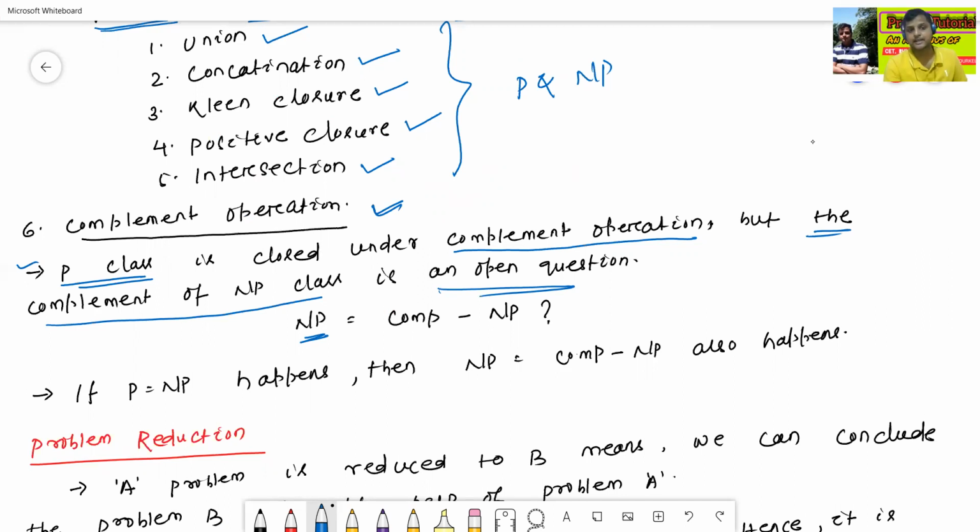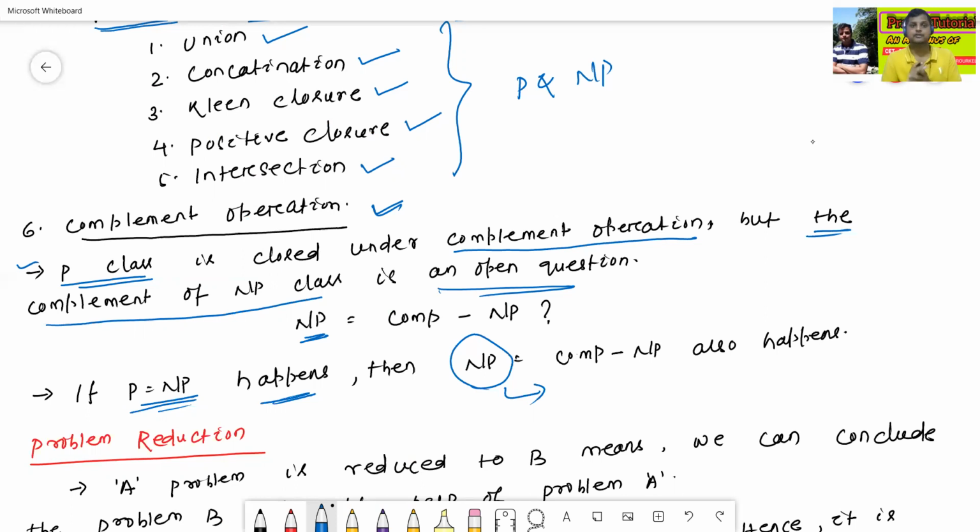If P equals NP happens, then we can say that its complement exists. That's why the P class is closed under complement operation, but we cannot say whether the complement of the NP class exists or not. If P equals NP happens, we can say the complement of the NP class always exists.